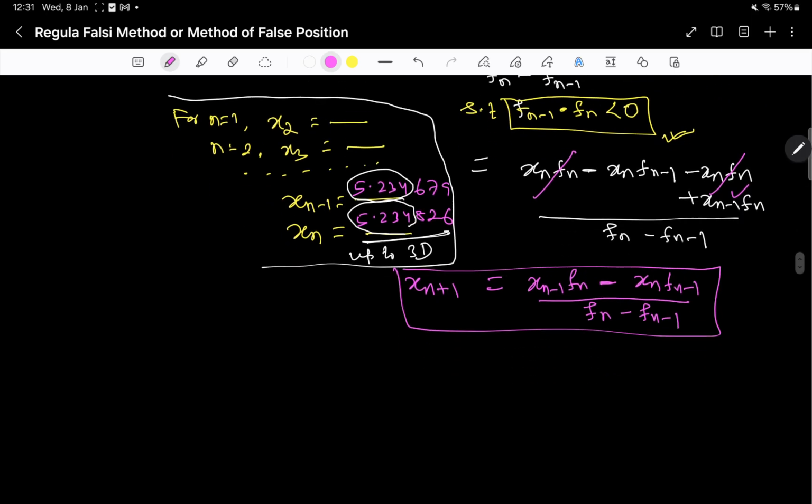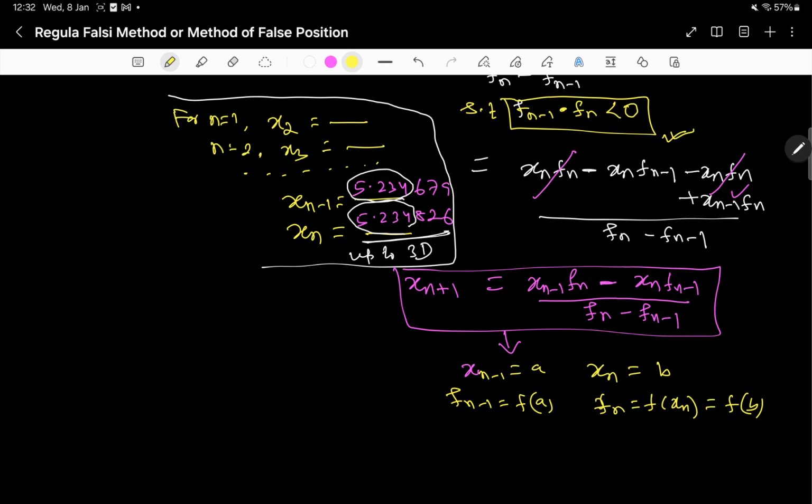Now if we want to simplify further, suppose x(n-1) is my a and xn is my b; accordingly f(n-1) is f of a, and f of xn is f of b. Then this formula will be x(n+1) equals (a into f of b minus b into f of a) by (b minus a).